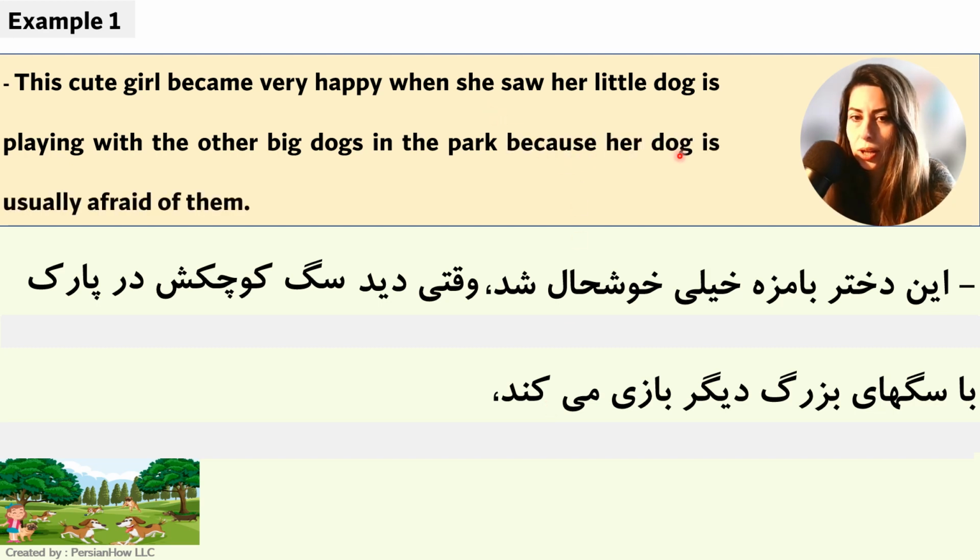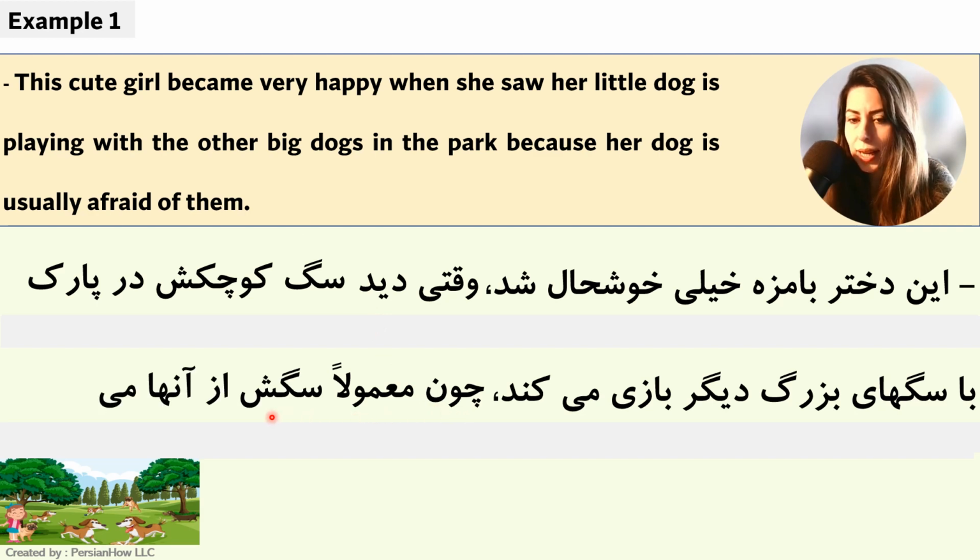Because her dog is usually afraid of them. چون معمولاً سگش از آنها می ترسد. So you see, if you just start little by little, or if you break it into smaller parts, then it's easier to come up with a sentence.